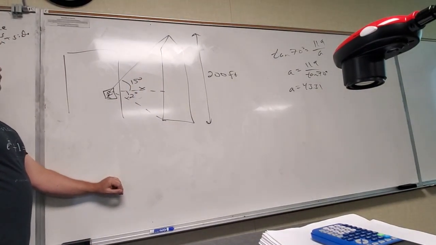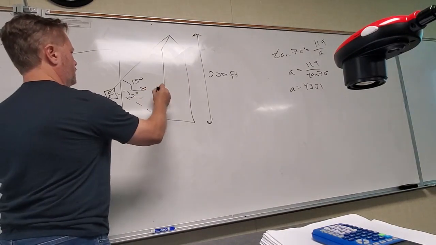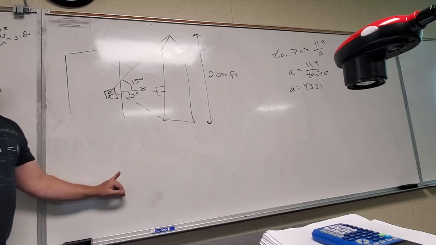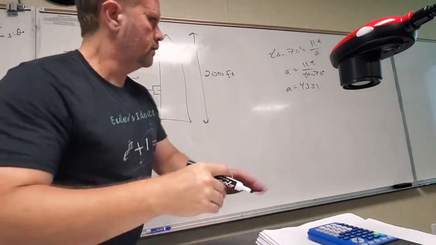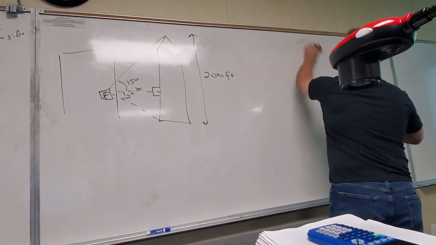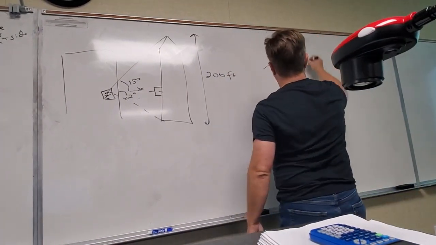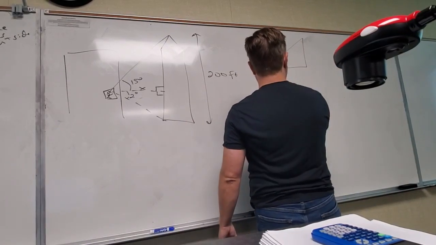Do I see right triangles? Yes, I see two of them. I see this one and I see that one. So, again, one thing you can do is draw each of the right triangles you see by themselves. X, 15 degrees.